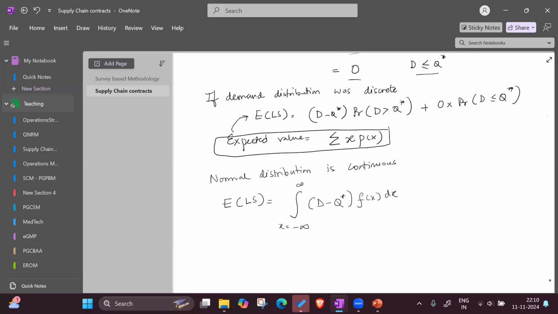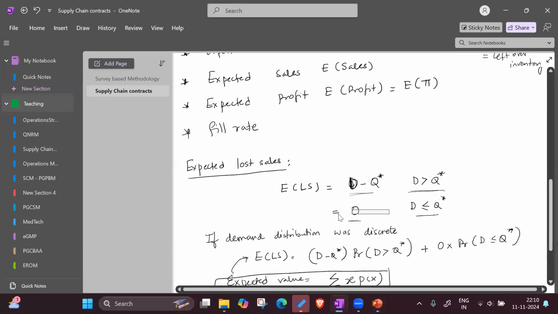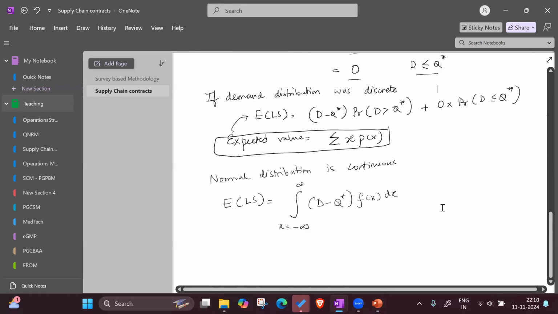But the problem is, from minus infinity to q star, the value of this particular thing, d minus q star, as we have seen over here, is 0. Any value which is less than q star, this value is 0.